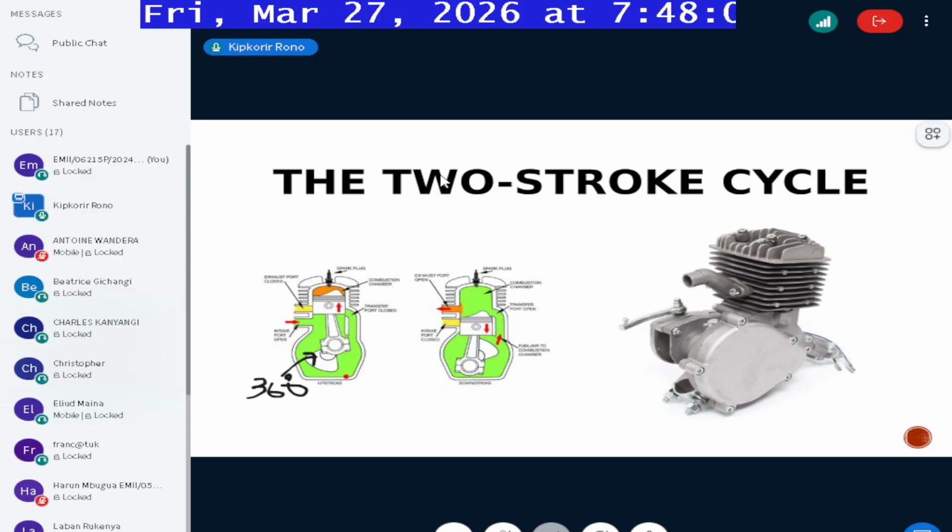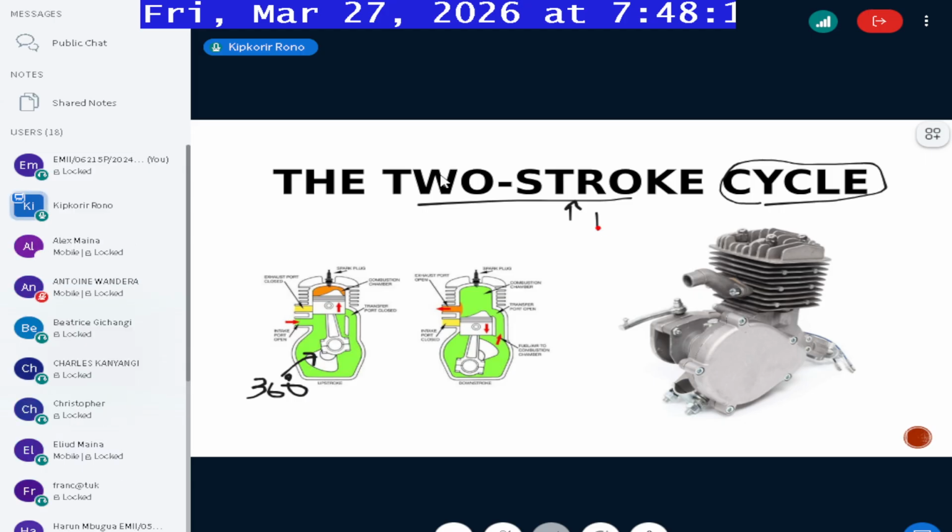A complete cycle is composed of two strokes, which means an up movement from BDC to TDC and a down movement. Now that cycle is complete. So for the first stroke, the crankshaft rotates 180 degrees. The second stroke, another 180 degrees, 360 degrees.